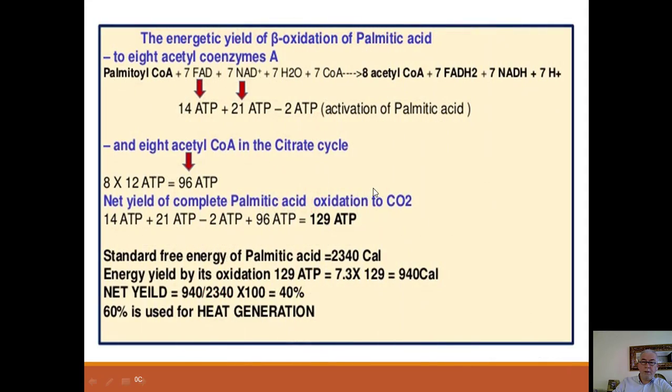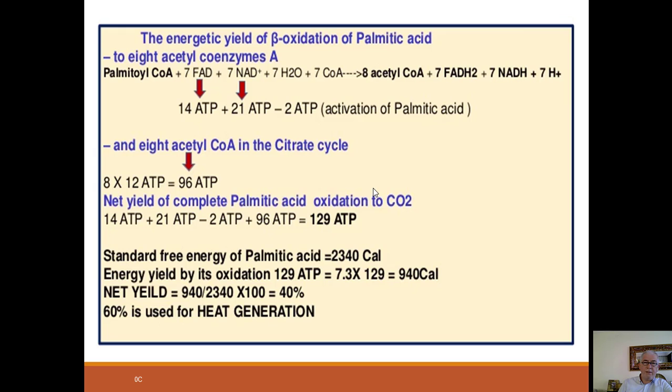The calculation depends on the textbook or explanation. But when we look at the energy yield of beta oxidation of palmitic acid, in all of these reactions we can produce 8 acetyl-CoA, 7 FADH2 and 7 NADH, and after that all of these reactions through the citric acid cycle, because this acetyl-CoA must enter the citric acid cycle, we produce in total 128 ATP.